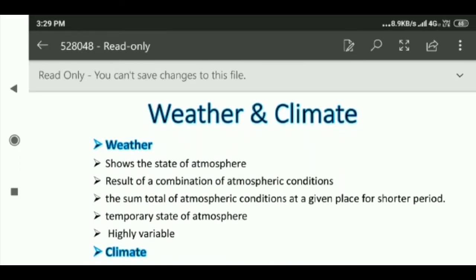Weather shows the state of atmosphere at any given moment or time or space.